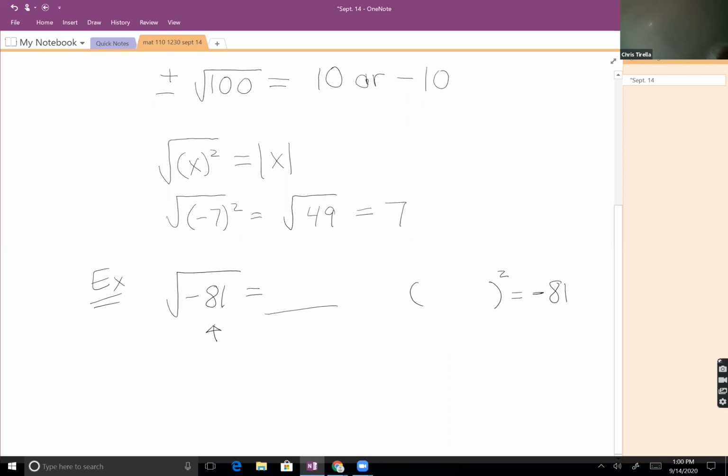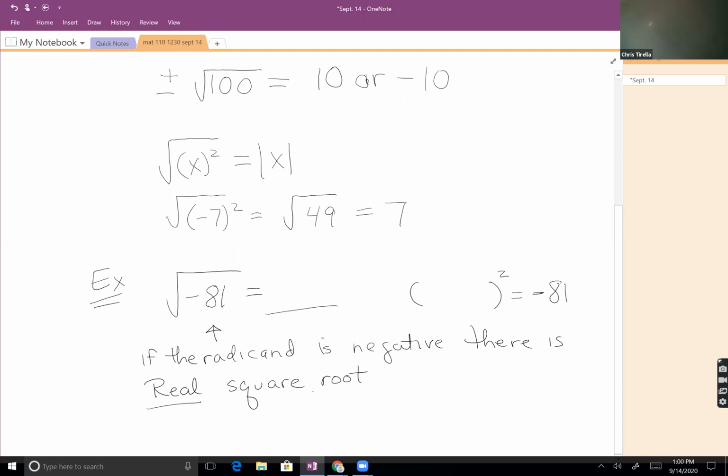And so we're going to say that if the radicand is negative, there is no real square root. So it's not real, and there's no square root. We're going to find, hopefully before the end of today, that there are roots, just not square roots or second roots. So far so good.